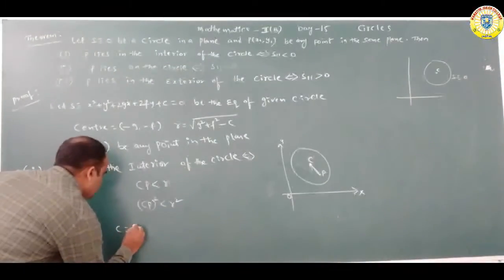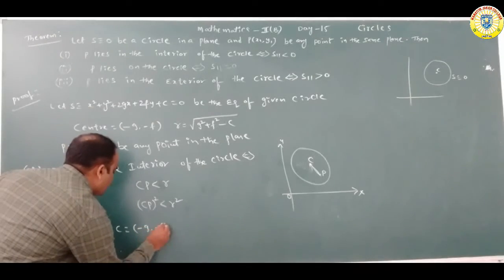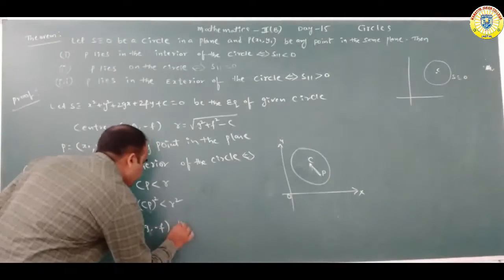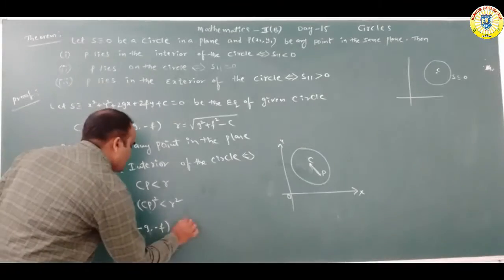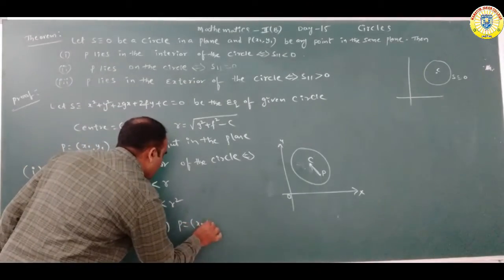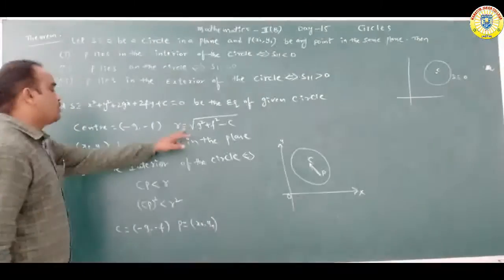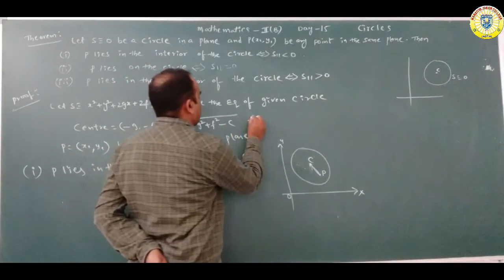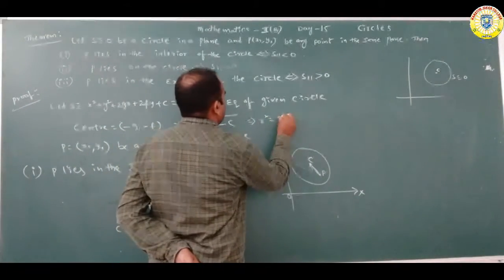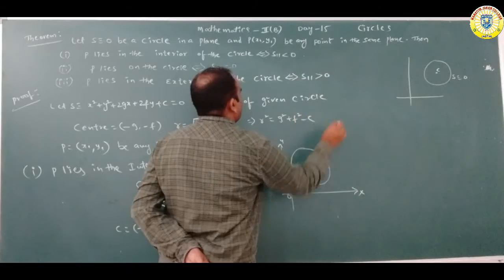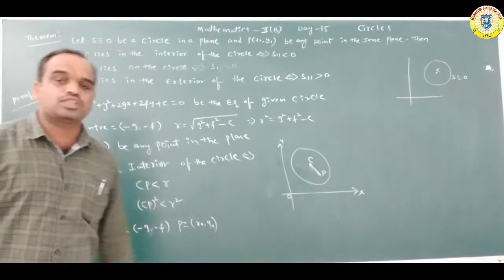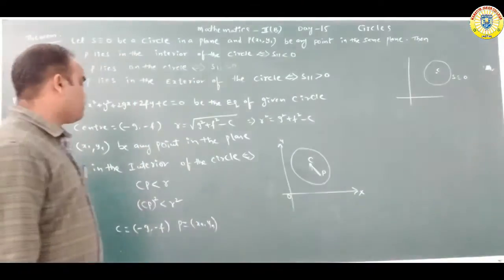So C is equal to minus g comma minus f, and P is equal to x1 comma y1. R is equal to the square root of g square plus f square minus c, that implies R square is equal to g square plus f square minus c.